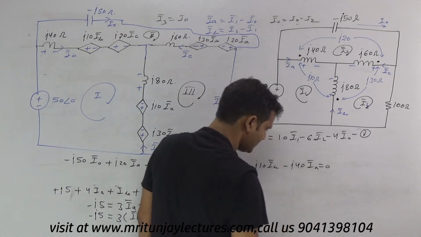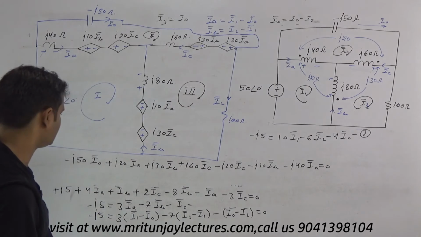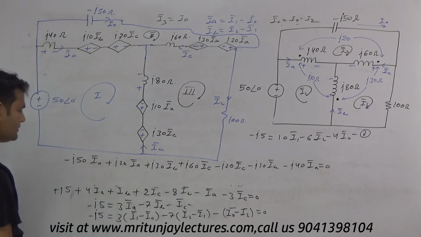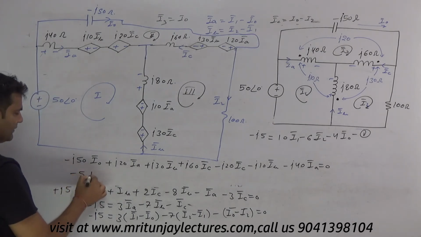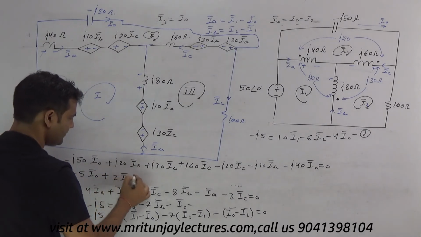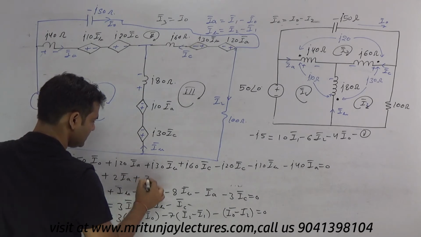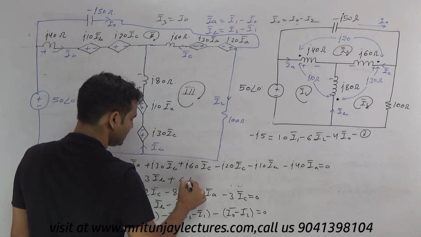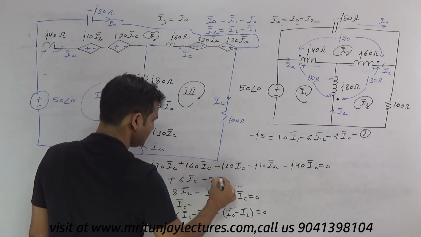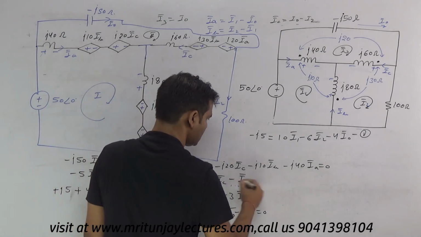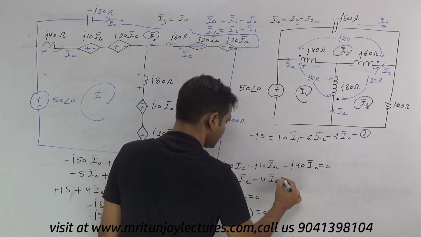This will be equal to 0. Okay, now again divided by 10j, then we get minus 5 I naught plus 2IA plus 3IB plus 6IC minus 2IC minus 4IA is equal to 0.